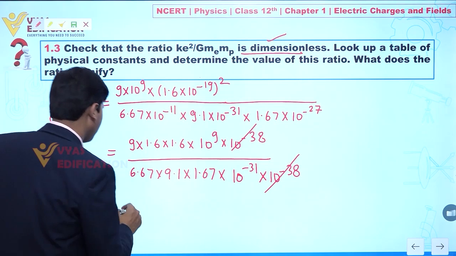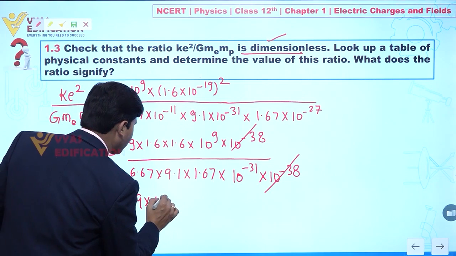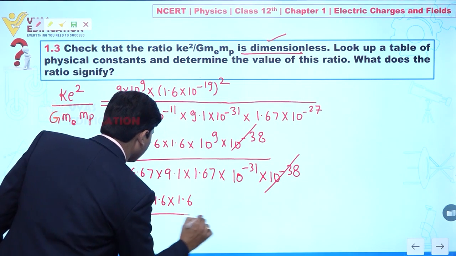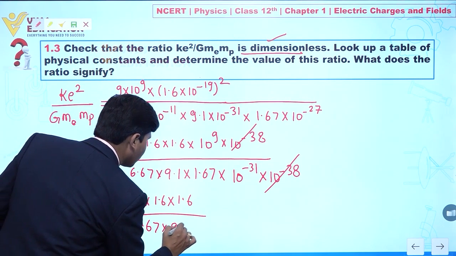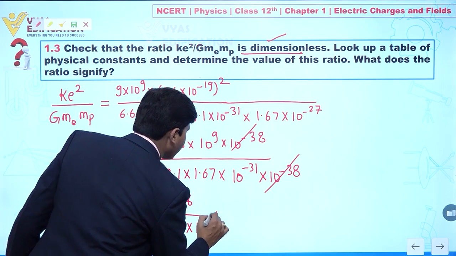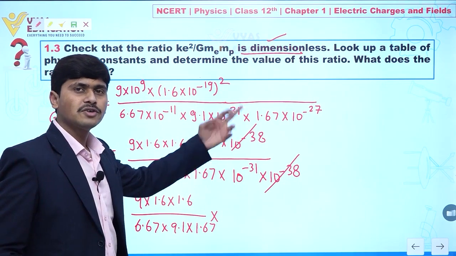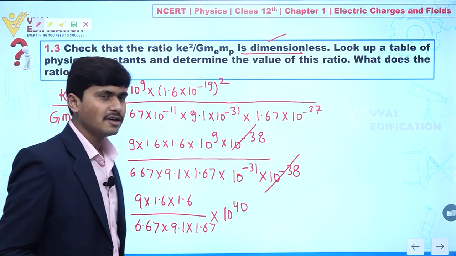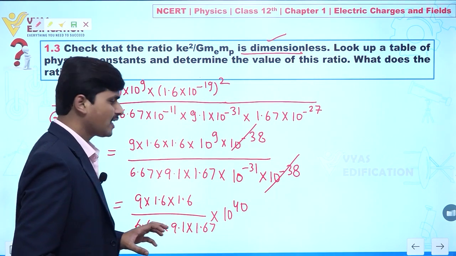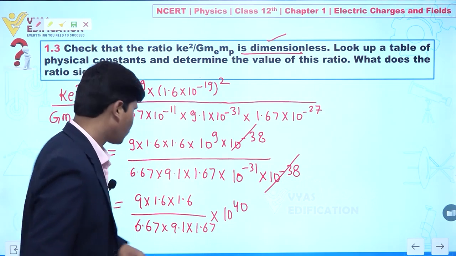Clear? And from here you can write 9 into 1.6 into 1.6 divided by 6.67 into 9.1 into 1.67, and when the power goes to the numerator, this becomes 10 to the power 40. Clear? Now we can do some approximate calculation.